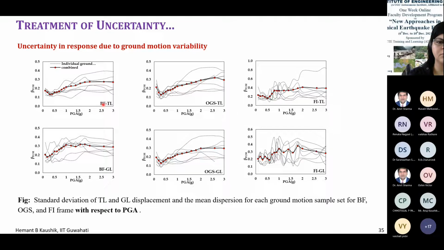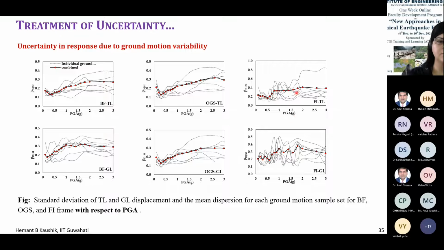So this is for the bare frame top level, open ground story frame, fully infilled frame. And similarly, the 3 frames for the ground level displacement. So these red dots are the combined uncertainty coming from all these ground motions, and these are the 7 curves for the individual ground motions, right? So standard deviations you can get from all these.